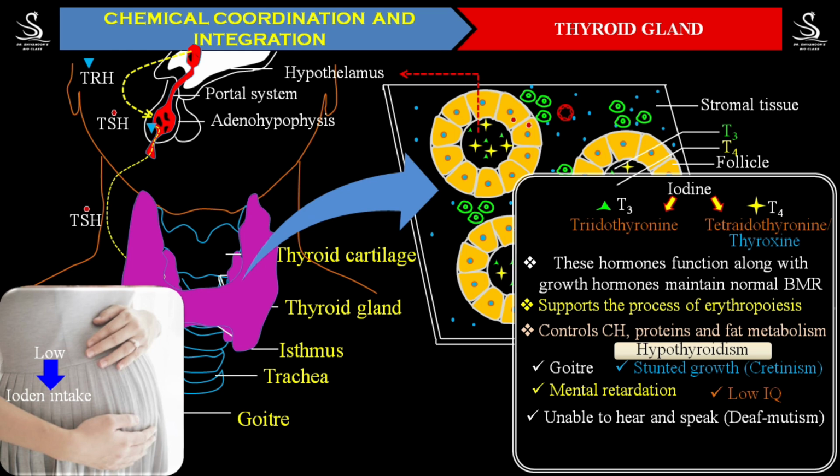It means deaf-mutism is there in that child, and even it will lead to abnormal skin. These are all the situations that are going to be created by hypothyroidism in a pregnant woman.